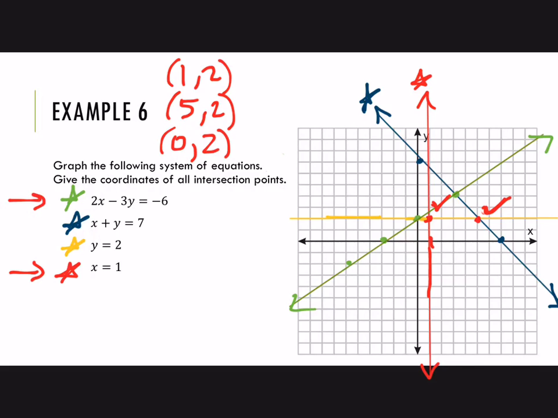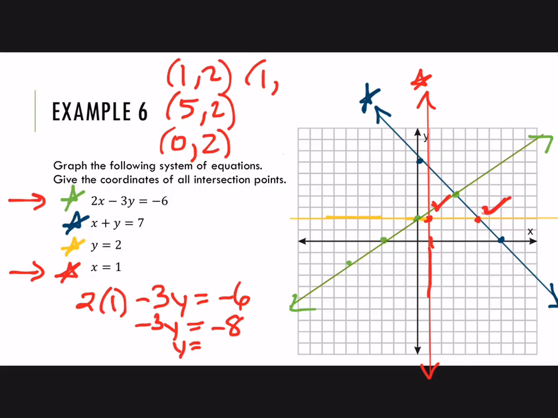I know x equals 1, so then I need to just substitute 1 in for x into that equation, which is what I was attempting before. Okay, and then solve for y. So we ended up with -3y equals -8, and then y equals 8/3, which is 2 2/3, and that does look a lot closer to the point that I actually see there.